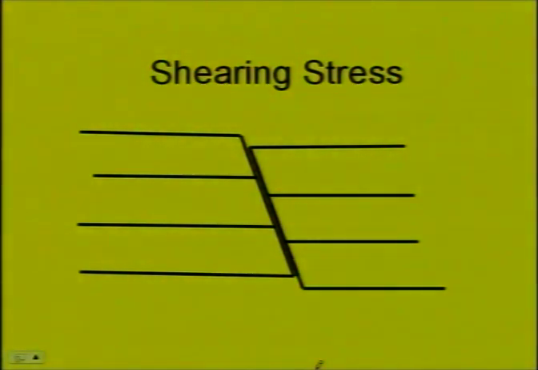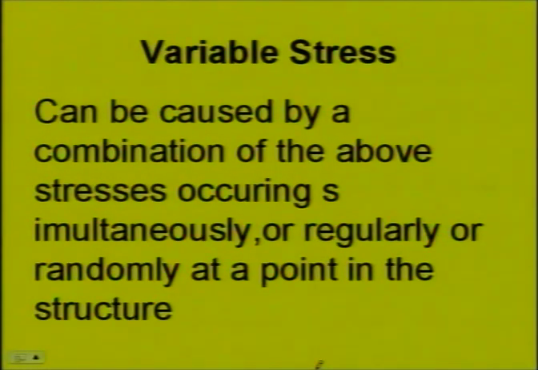And finally, to our final one, that is variable stress. All right, quickly go through. This stress can be caused by the combination of those stresses which were expressed earlier. You can have torsional stress, or shear stress, or even transverse stress.